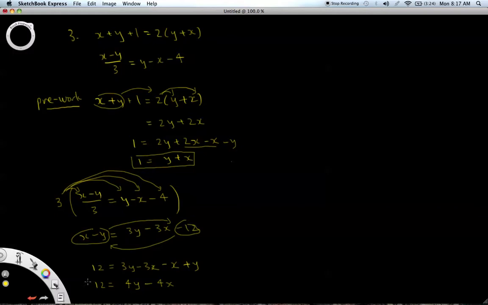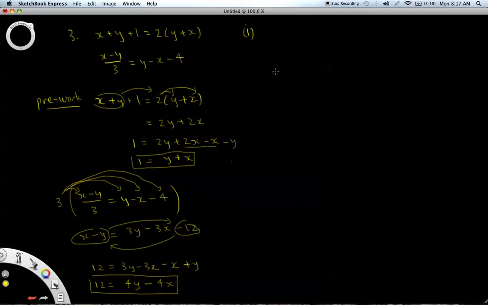Now you could simplify this further if you wanted to, but if you just want to leave it here, that is also acceptable. So now I have this one equation in a box and another equation in a box, and they're much, much easier. So let's now start step 1.